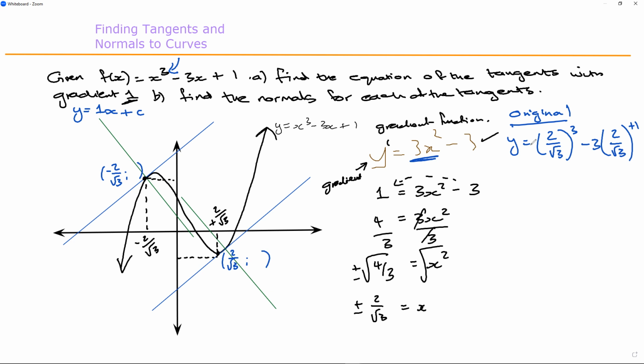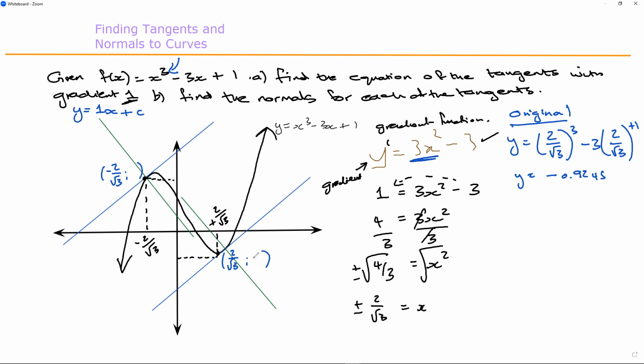So 2 over root 3, I'm just typing it in the calculator now. It is cubed, minus 3 times 2 over root 3, plus 1. Right at the end it becomes negative, so this y value will be negative 0.9245. I'll keep it in decimal.